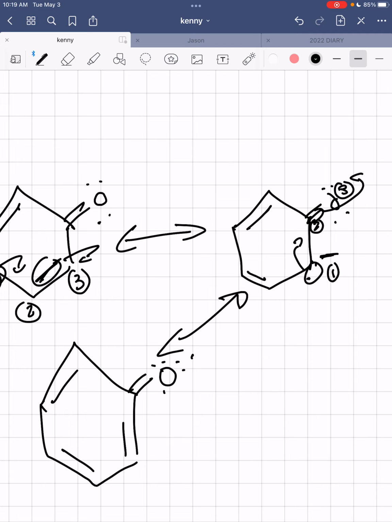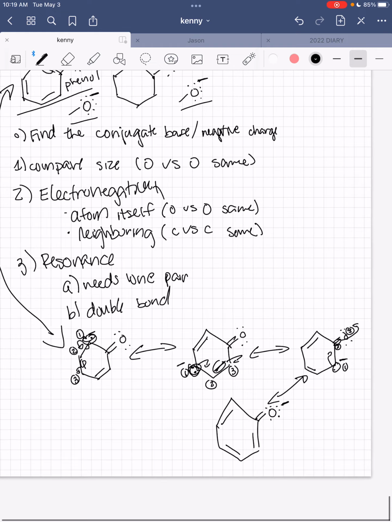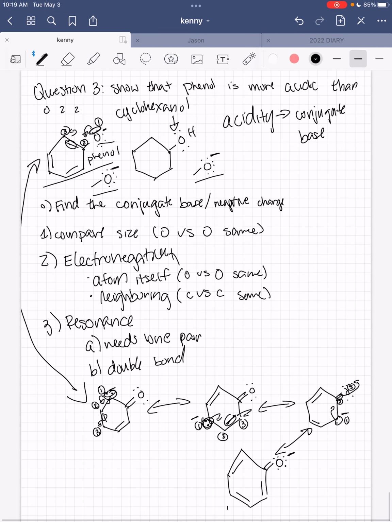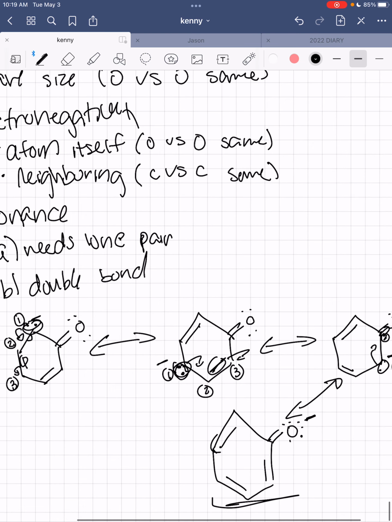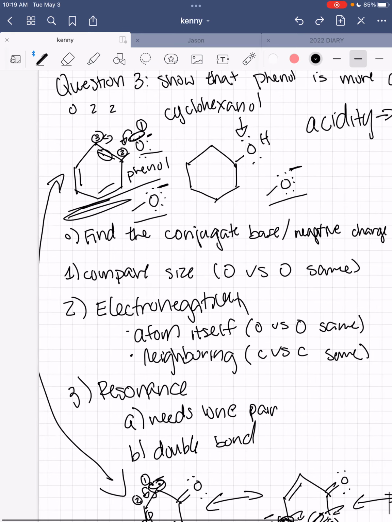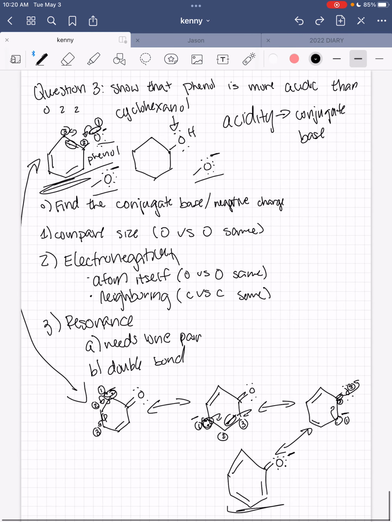You might think this is the same structure as the original, but you can see that the double bonds are placed in different spots, making it not the same structure. So since there are 5 structures, the negative charge on the oxygen would be split over 5 different atoms or 5 different structures.